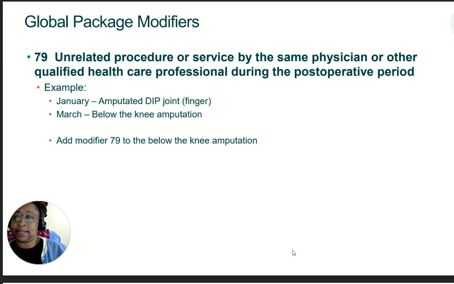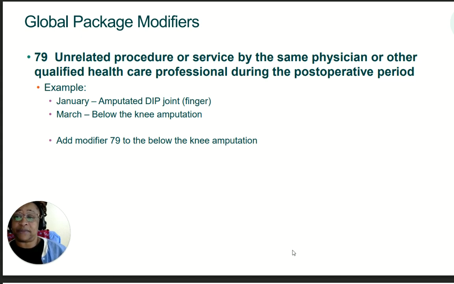79 modifier example. This states that it's an unrelated procedure or service by the same physician or qualified professional. January, amputation of finger. March, below the knee amputation. It is not related. One is finger, one is knee. It's unrelated procedures.